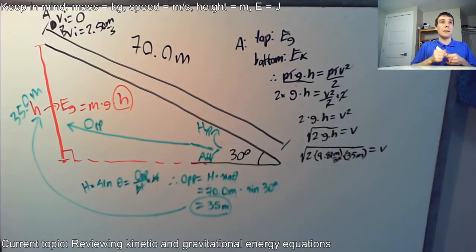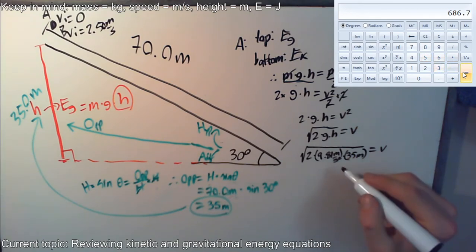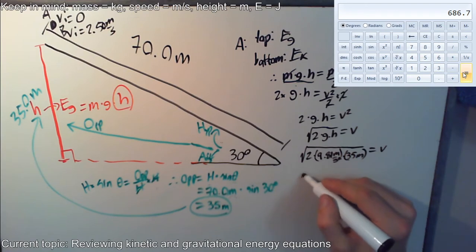I need to get the calculator out. We're doing 2 times 9.81 times 35 equals 686.7. That's the inside, that's still in the square root.